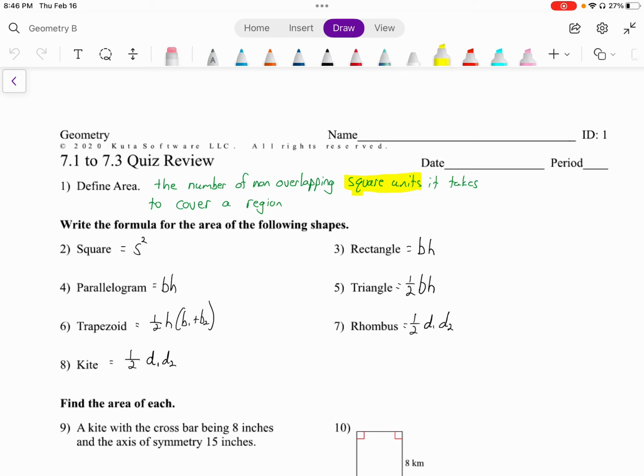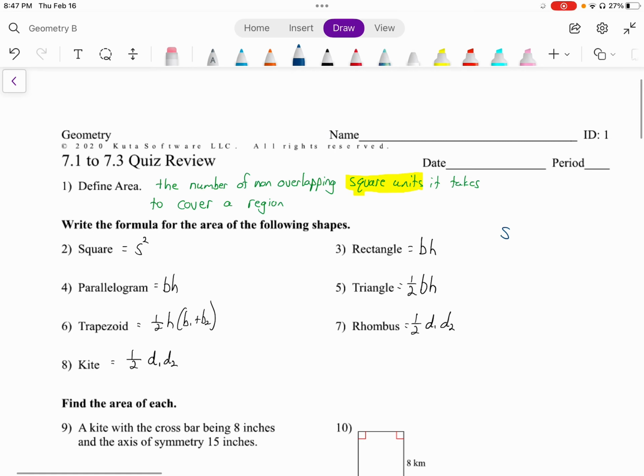Next, we have our different formulas. So square is s squared. Just remember, maybe I'll write this to the side, when we see these letters, s represents a side length. When you see that B in some of these, that's the base. We know H is the height.